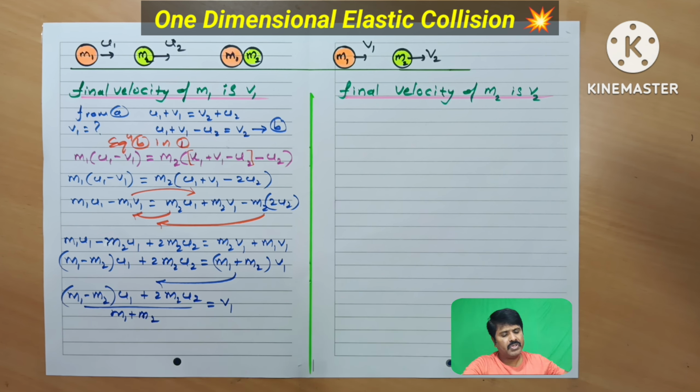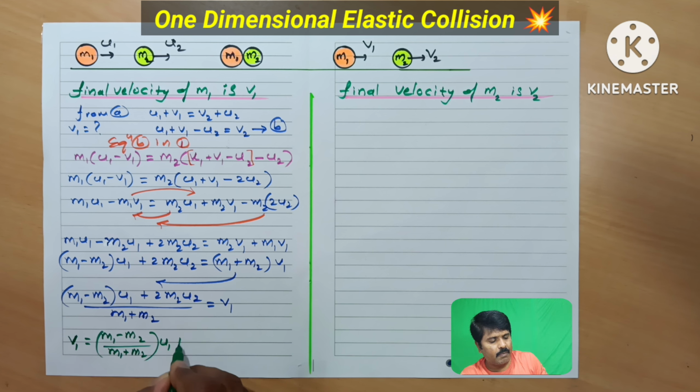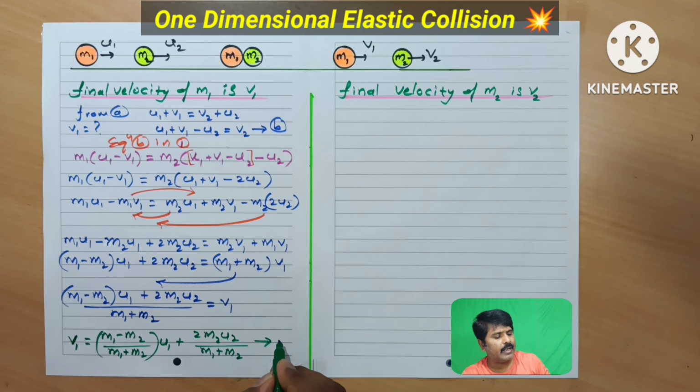And the final equation is here: v1 which is equal to m1 minus m2 by m1 plus m2 of u1 plus 2 m2 u2 divided by m1 plus m2. This I can write as equation number 4, student, final velocity for the m1 mass.